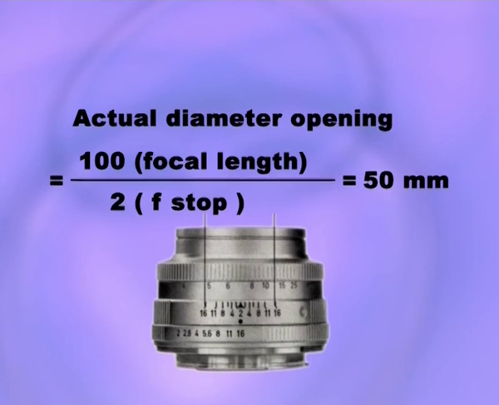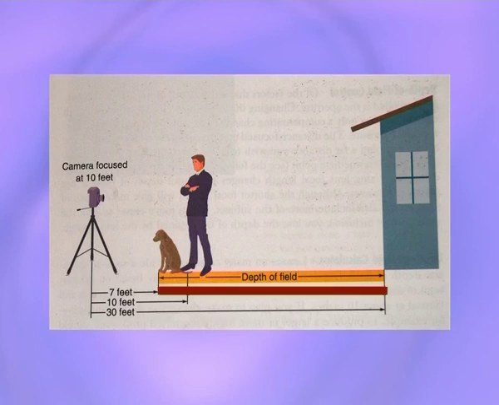The 100 mm lens will have an actual opening of 50 millimeters, but just change that 100 millimeter lens to a 50 millimeter lens, the actual opening for the same f stop of 2 becomes 25. So, you can see that the actual relative opening is changing. When the relative opening is changing and opening up or becoming smaller, it is affecting the depth of field. By affecting the depth of field, it is affecting the look of the picture.